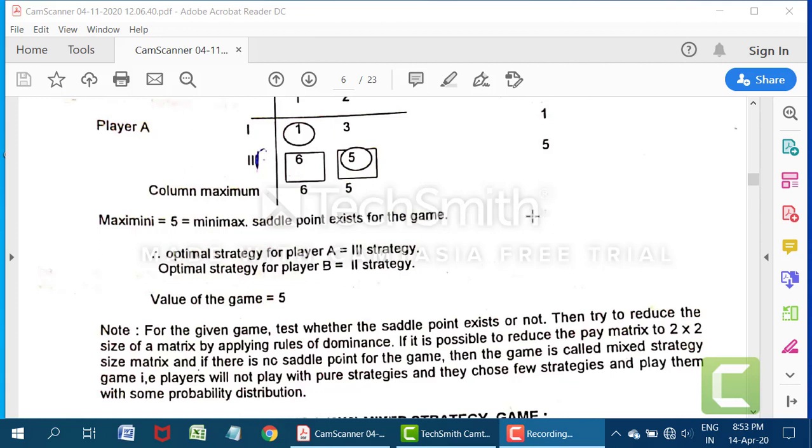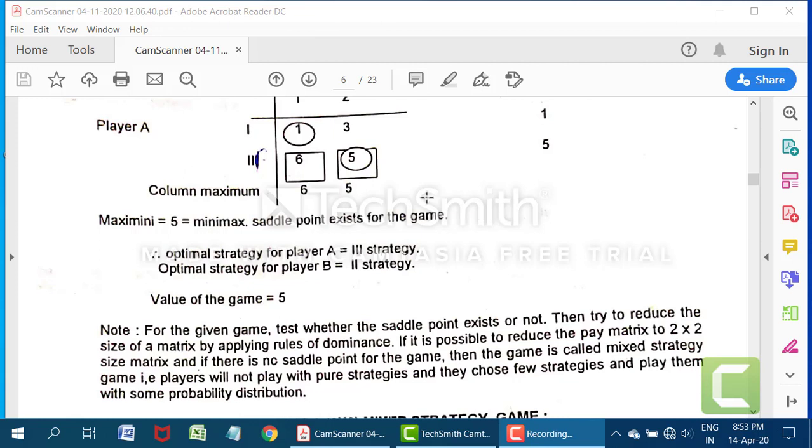Columns will be many, so you cannot reduce by applying rules of dominance. If the size of the matrix is that way, you can apply the graphical method. Similarly, m rows and 2 columns only, with more than two rows and 2 columns, then also the graphical method.